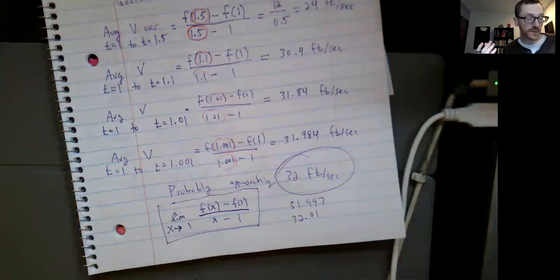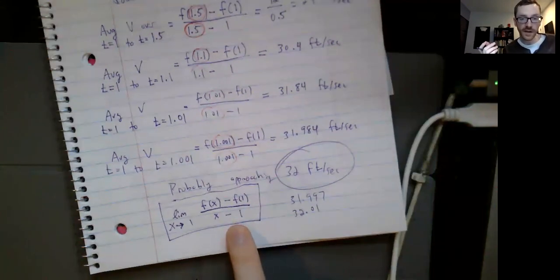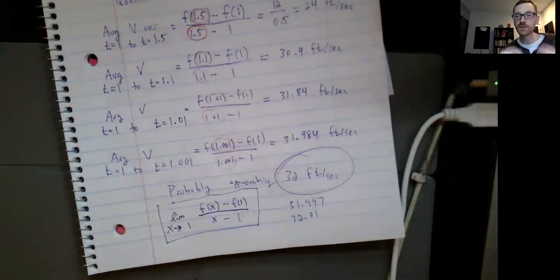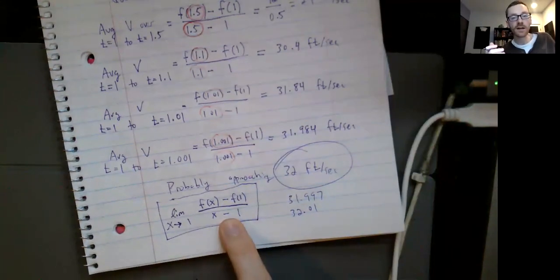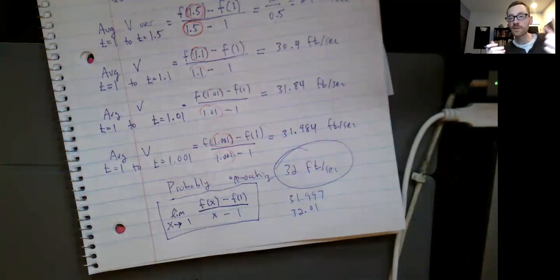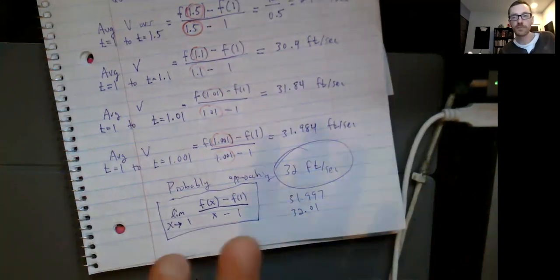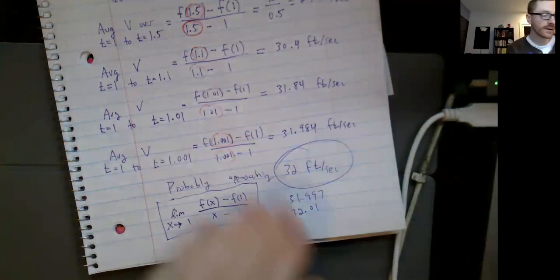The formula for it is exactly the same thing as this, except I replace all the 1s with c's. So this is the formula for instantaneous velocity at 1. The formula for instantaneous velocity at c is going to be exactly the same thing, just replace all the 1s with c's. And that'll give us our formula. So this is what we've painstakingly derived.